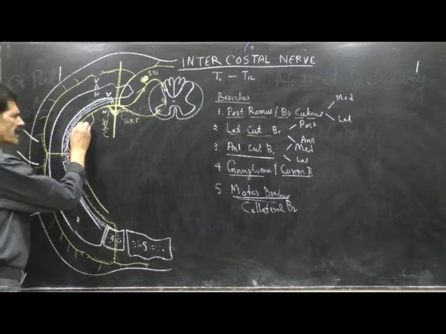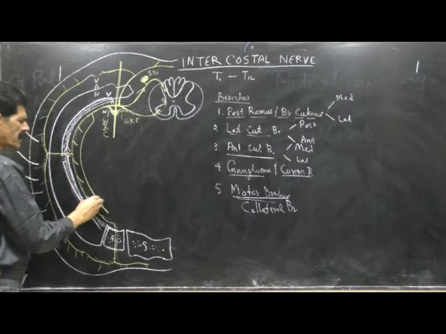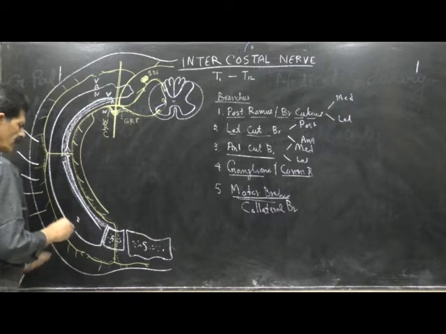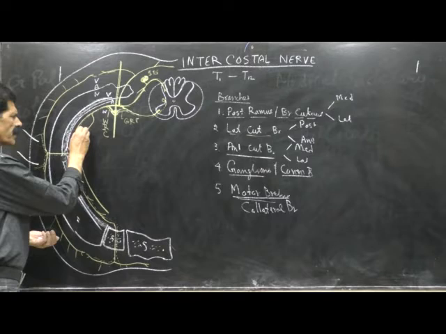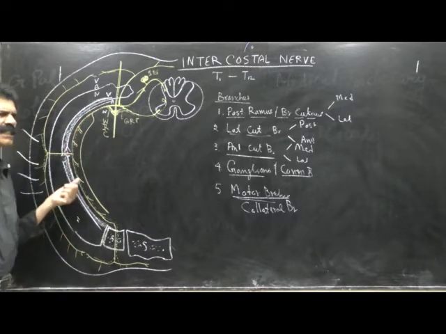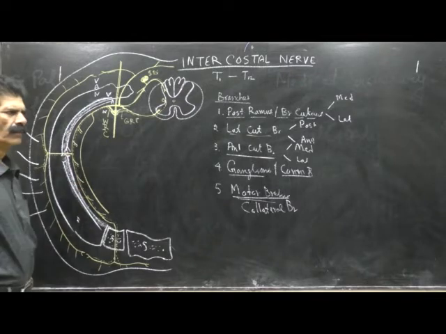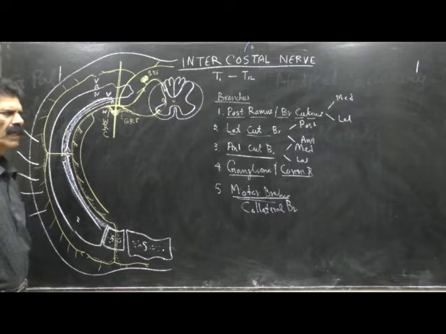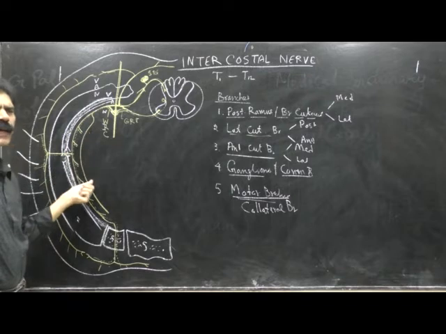The main branch gives muscular branches to the external and the internal intercostal muscles. These branches also accompany sympathetic fibers, and these sympathetic fibers supply the blood vessels supplying the muscles. But the collateral branch doesn't have sympathetic fibers.